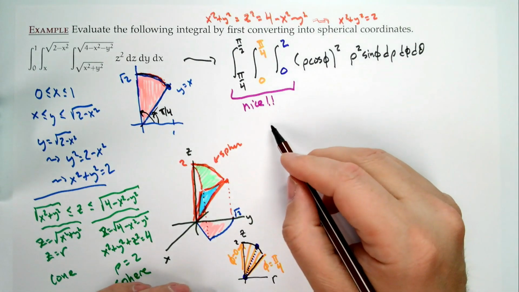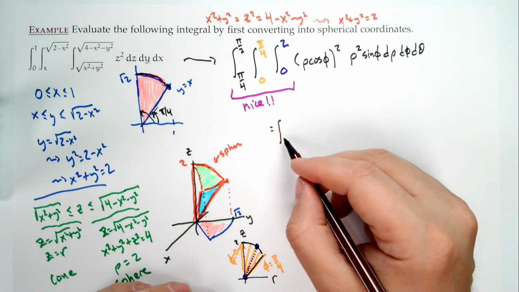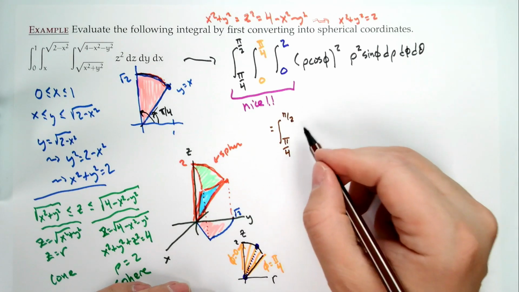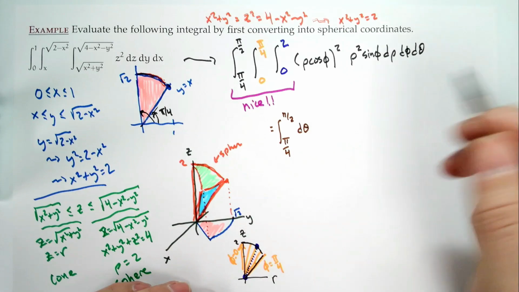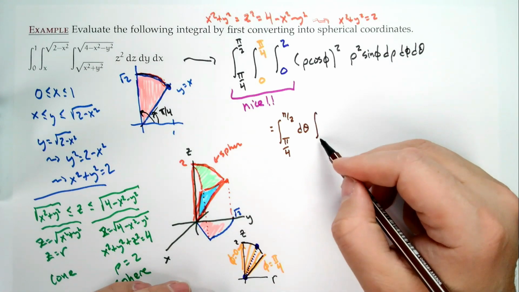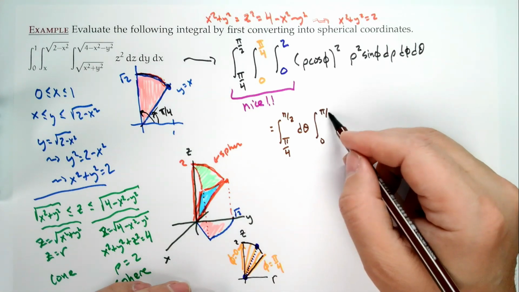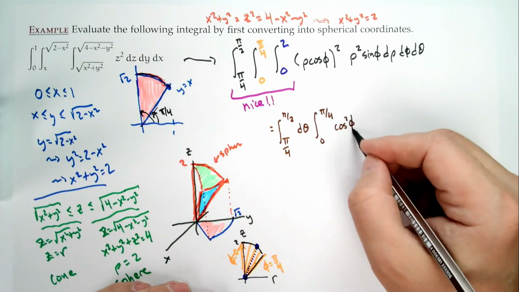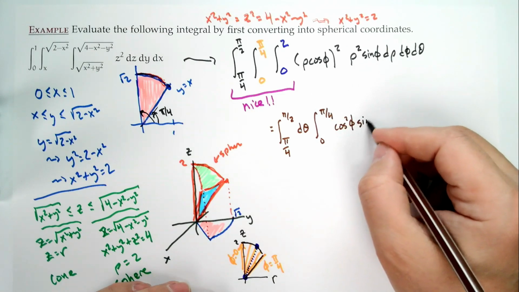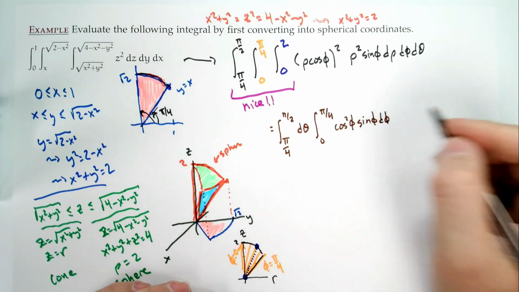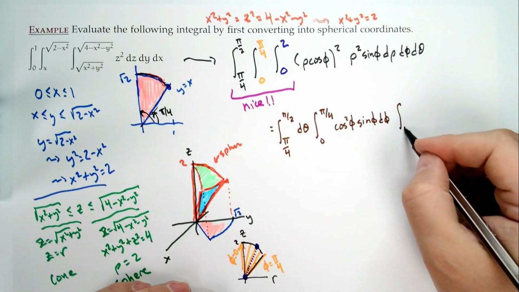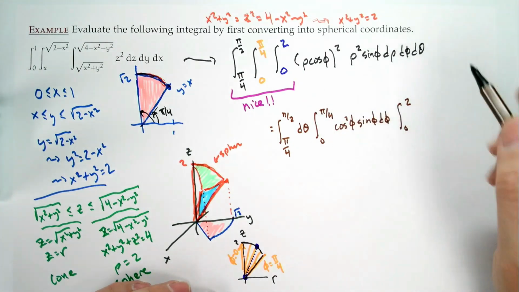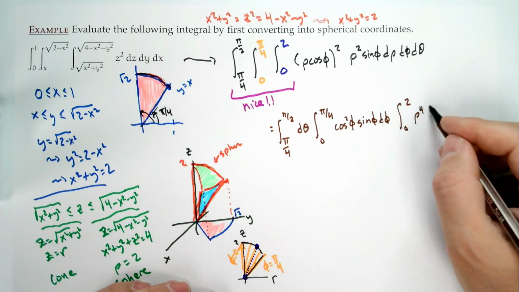This will become the integral from pi fourths to pi halves d theta. Then the integral 0 to pi fourths of cosine squared of phi sine of phi d phi. And last, the integral 0 to 2 of rho squared, and another rho squared makes rho to the fourth d rho.